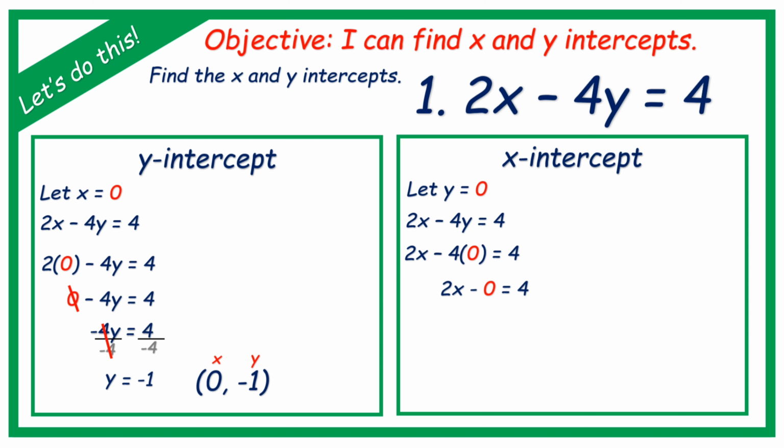For example, if I give you 0 flowers, I didn't give you anything. If you lost $0, you didn't lose anything. So 2x minus 0 equals 4 becomes 2x equals 4, just like that.